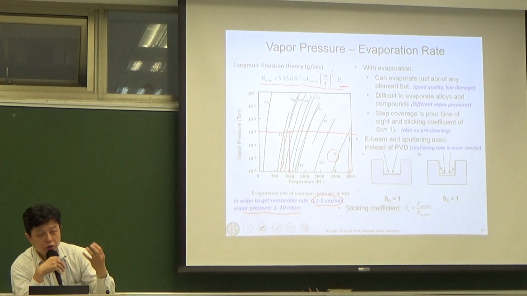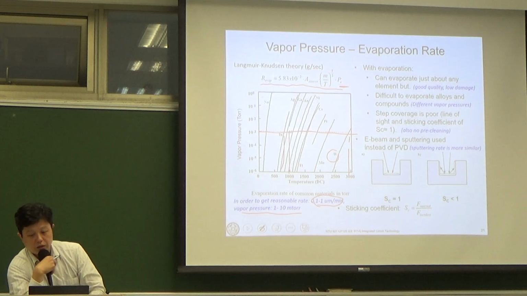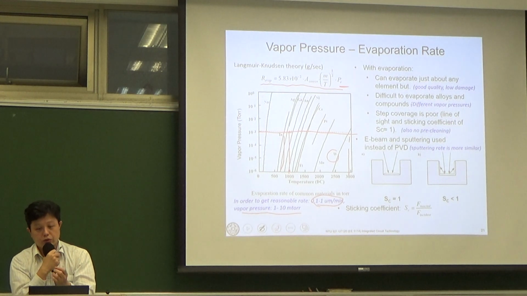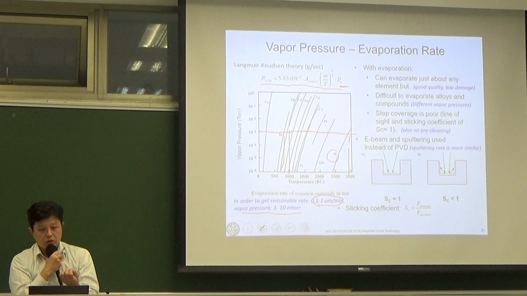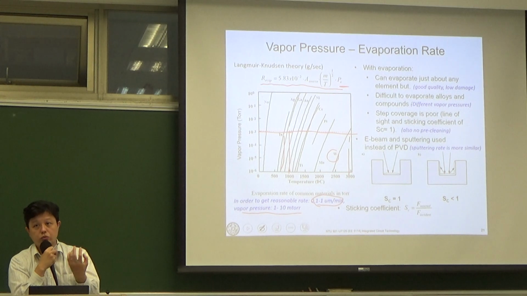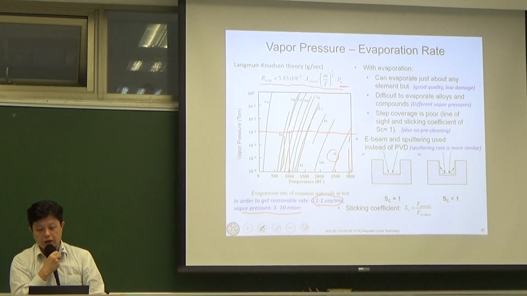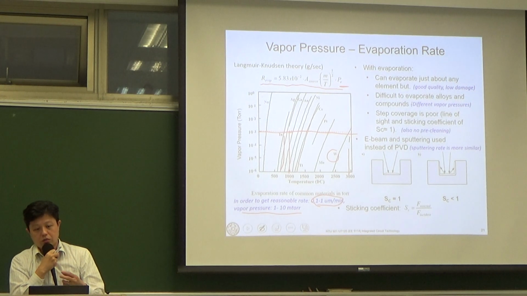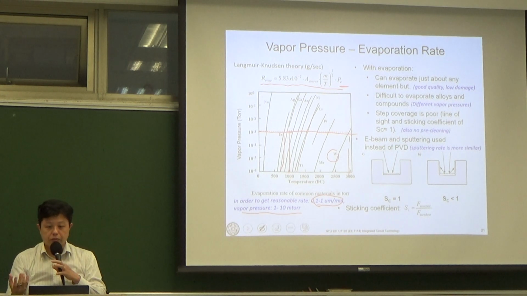Okay, so single elements you can do that, but if you want to evaporate alloys, for example, gold germanium alloy, or some different alloys or compounds, because they may mix 2 or 3 elements, they'll have different vapor pressures. So you have to separate them.